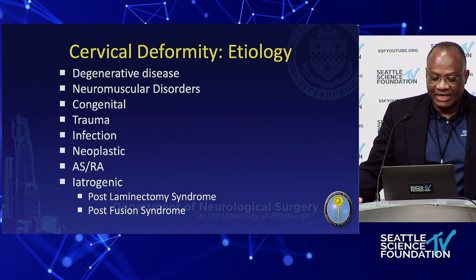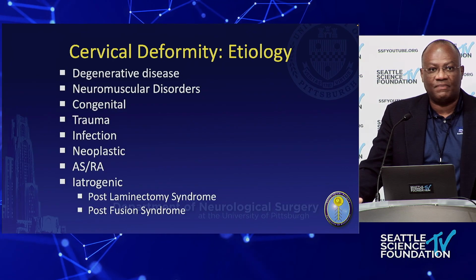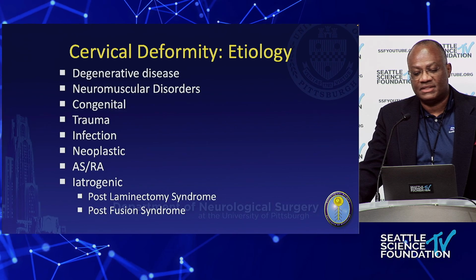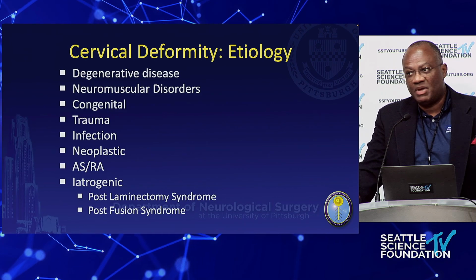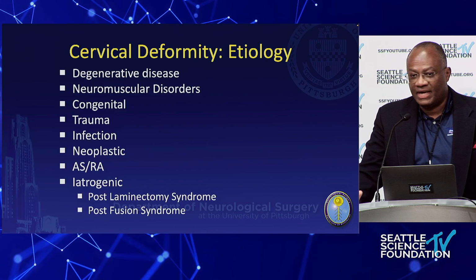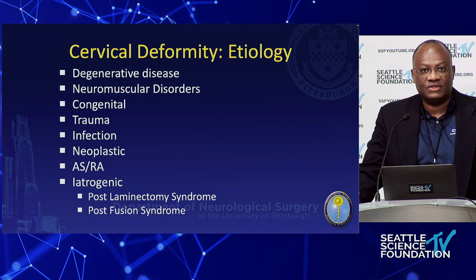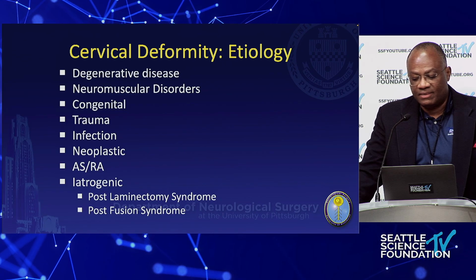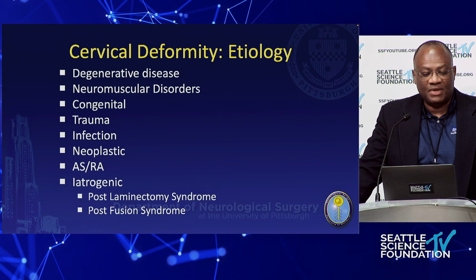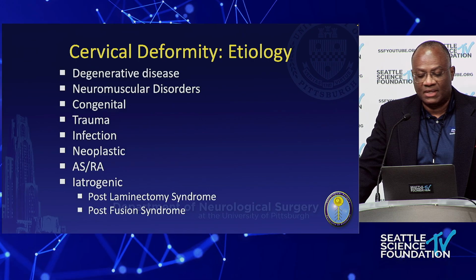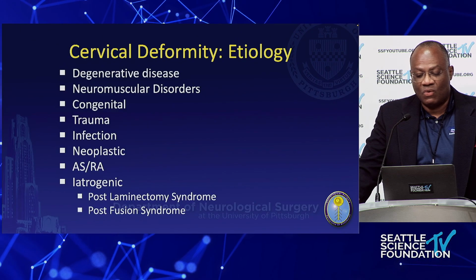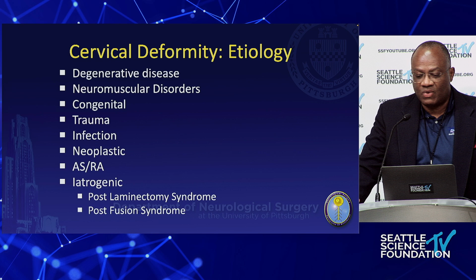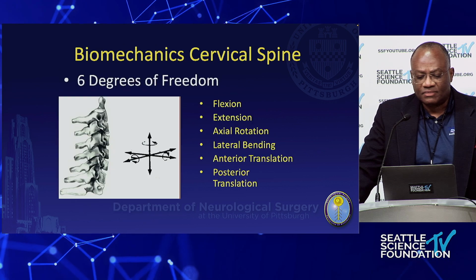We're talking like post-laminectomy syndrome, post-fusion syndrome, things that we do that will get us in a situation where the patient now has more of a deficit related to an intervention, either a misplanning or bone substrate quality, etc.